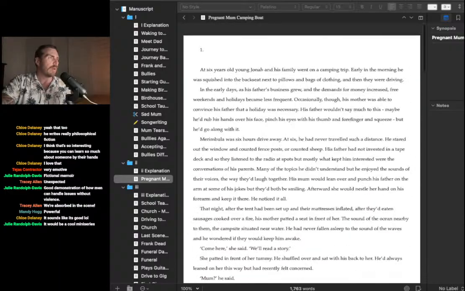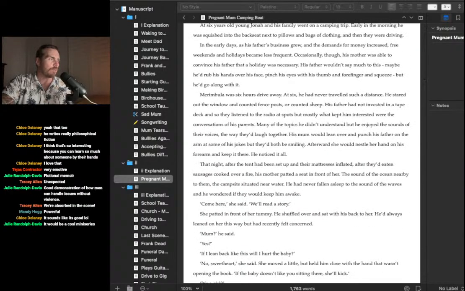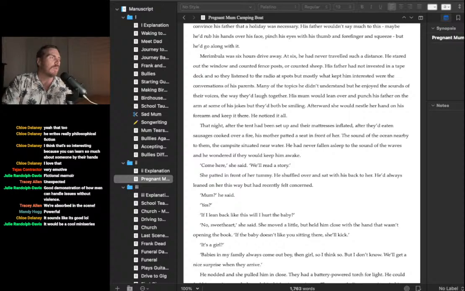Essentially, you go back in time and they're in a little tent, like a camping trip, and he's about 5. But you find out that she's pregnant here. So at some stage she's had a miscarriage, I think, which upsets her, and she's grieving, and continues to grieve, which I feel is very honest.